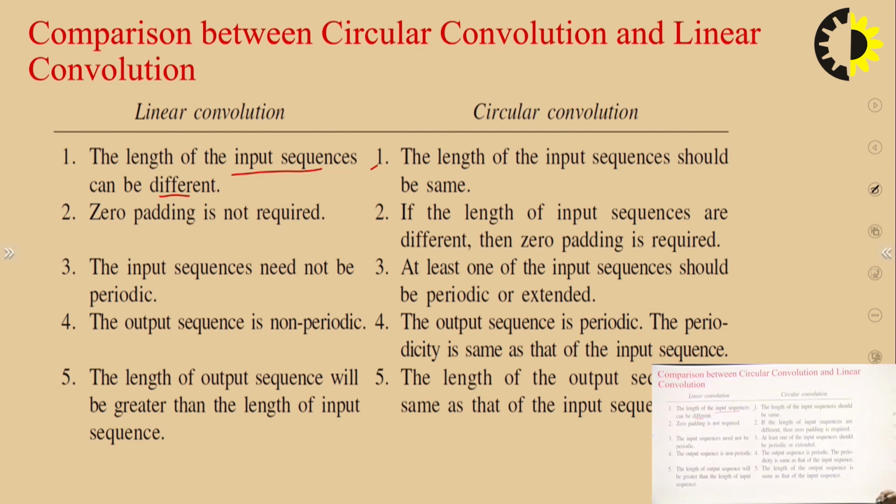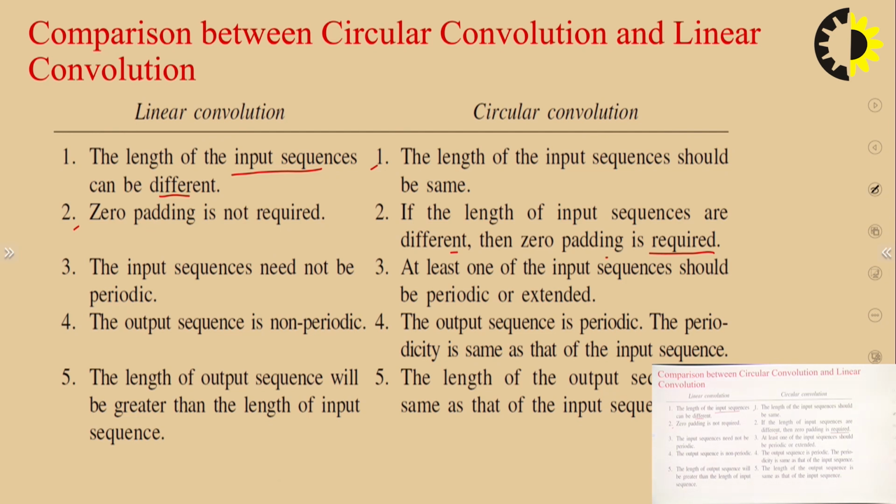So here, because different lengths of sequences can be used in linear convolution, zero padding is not required. But if the lengths of the input sequences are different in circular convolution, zero padding is required, and we perform the zero padding on the sequence whose length is less, so that both sequences will be of equal length.